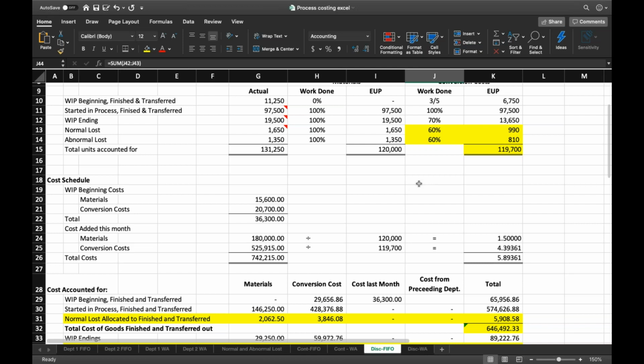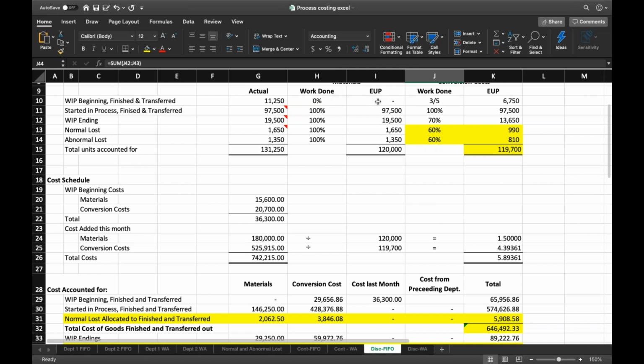Okay, 60% yung inspection point natin. Yung work in process beginning natin, which is already 40% complete, hindi siya nakarating dun sa inspection point. Okay? Hindi nakarating sa inspection point. Already 40%. At hindi na siya nalagyan ng materials kasi materials is added at the beginning.